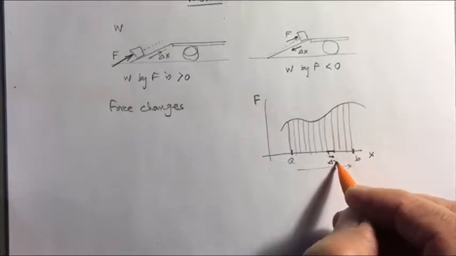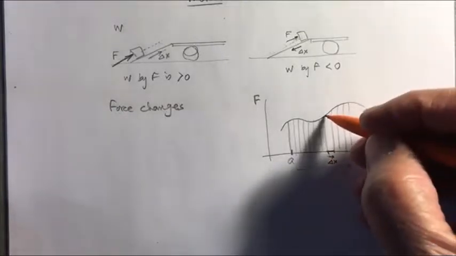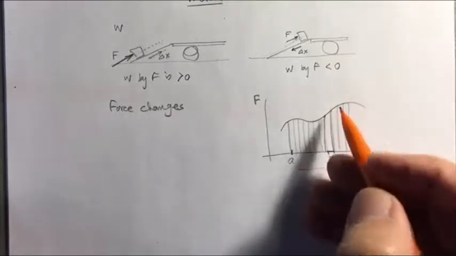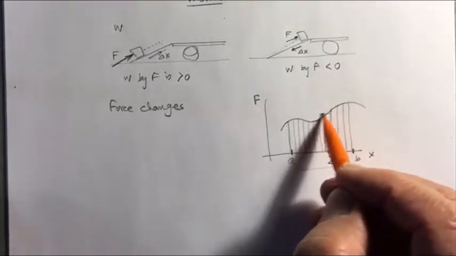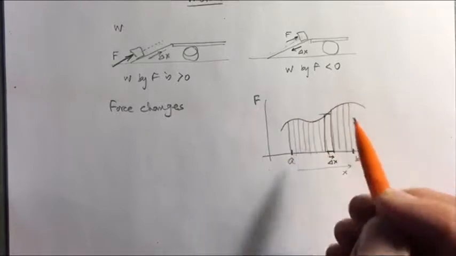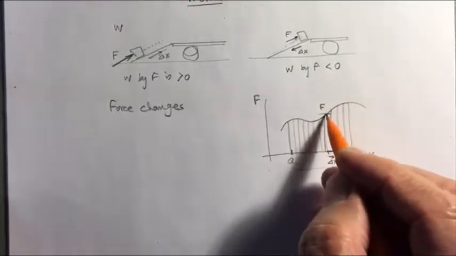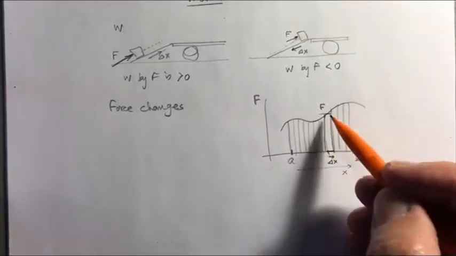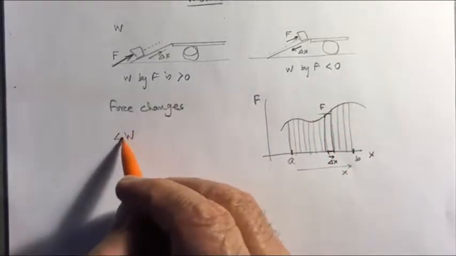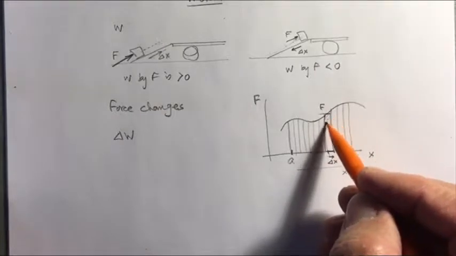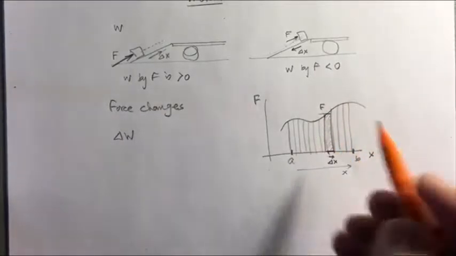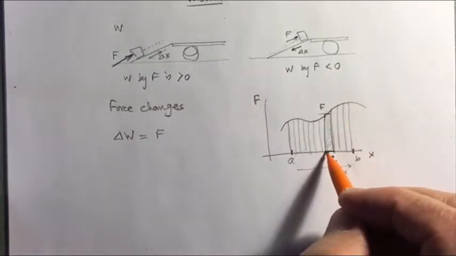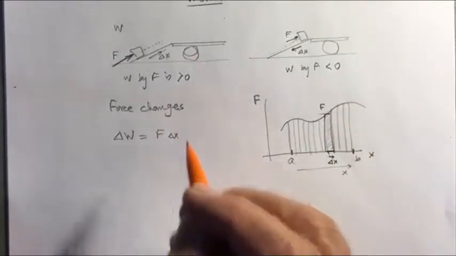This displacement is delta x, and the value of this force can be taken as the middle of these two, so it can be taken this much. So that will be the force in this portion of the motion. Then the work done, or the delta W, which is the work done in this little part, is going to be the force in this little location times the delta x.